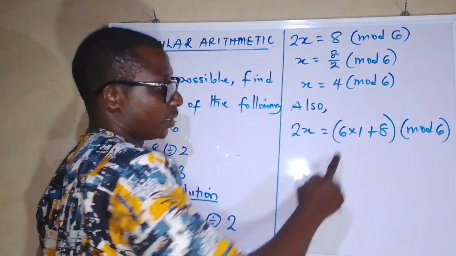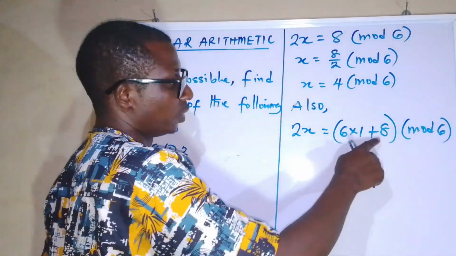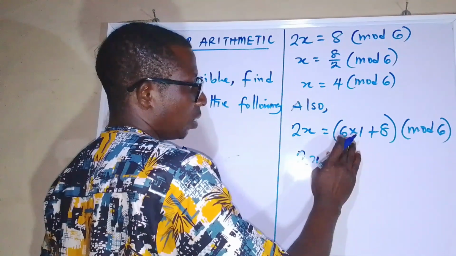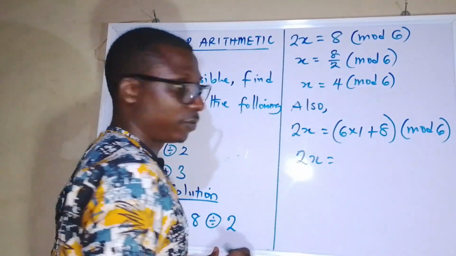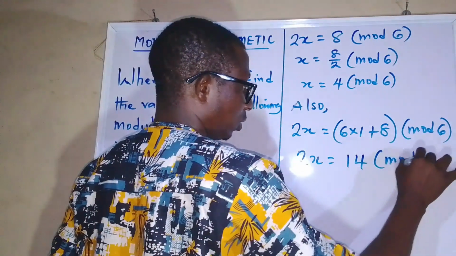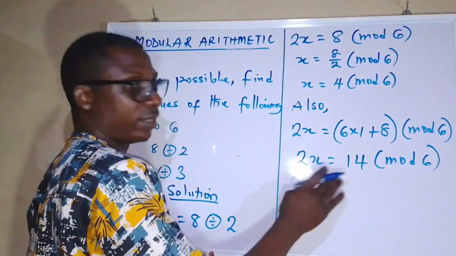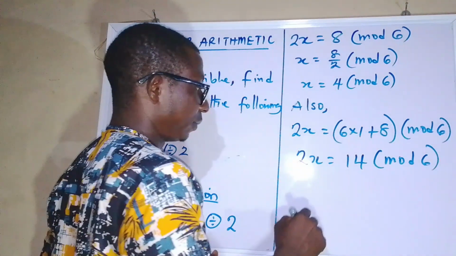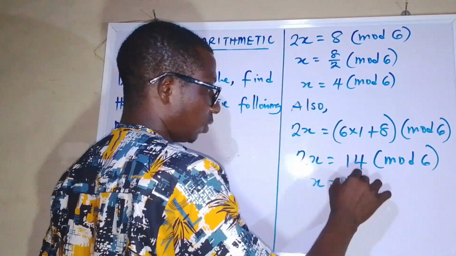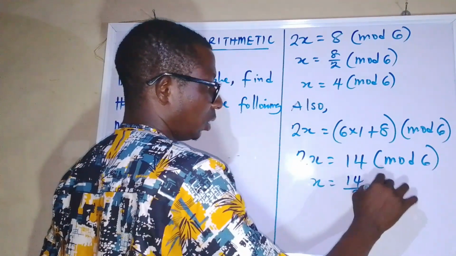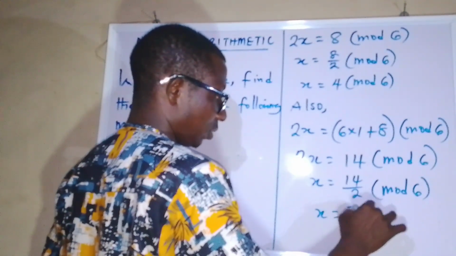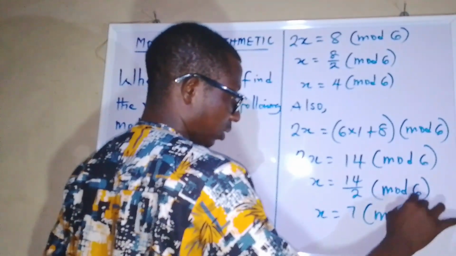So we have added 1 modulo to this, and that gives us 2x equals 14 mod 6. Here you can divide both sides by 2. You have x equals 14 over 2 in mod 6, and that gives you 7 mod 6.